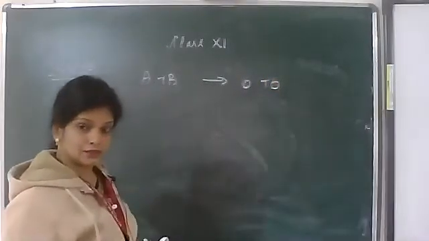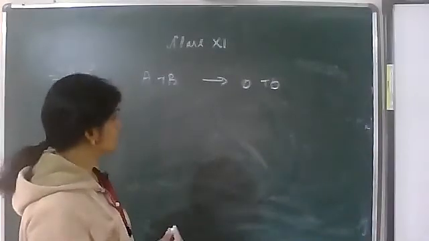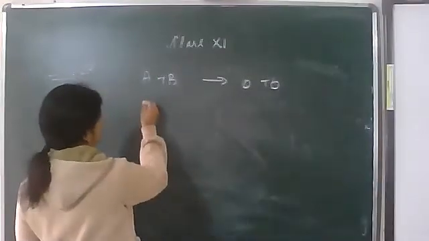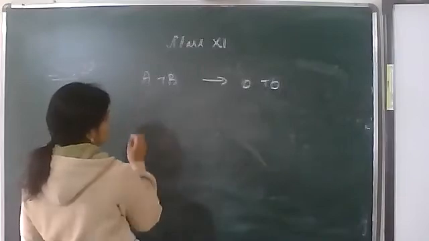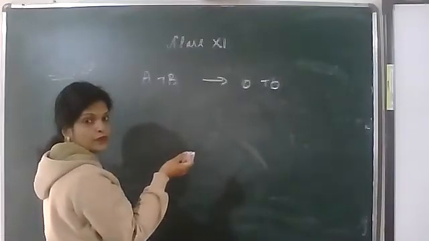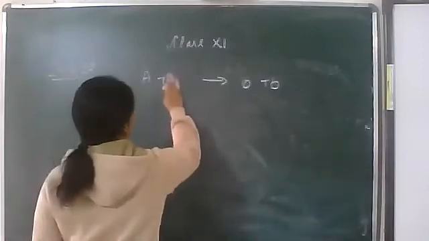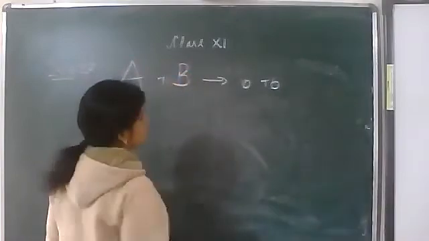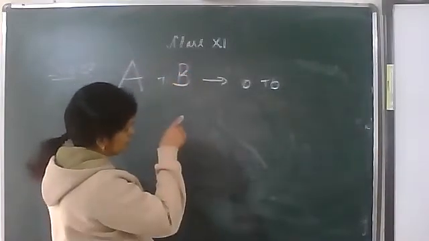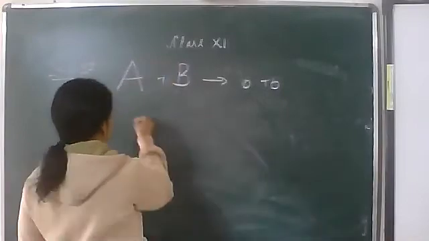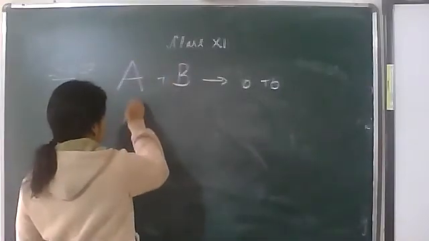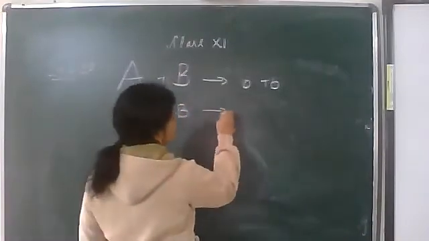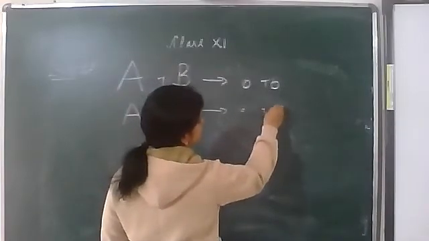As time passes, some C and D will be seen. Suppose after 5 minutes, A got reduced, B also got reduced accordingly, a little bit. In the beginning, this much A and this much B was there, with no C and no D. After some time, the A amount got reduced, the B amount also got reduced, so a little bit of C and a little bit of D you can see.